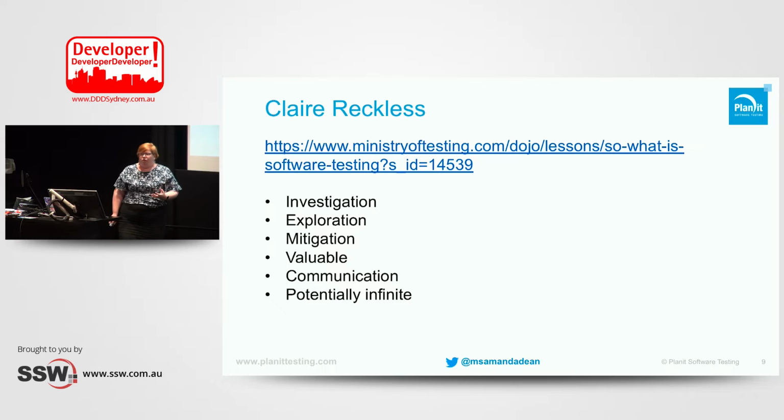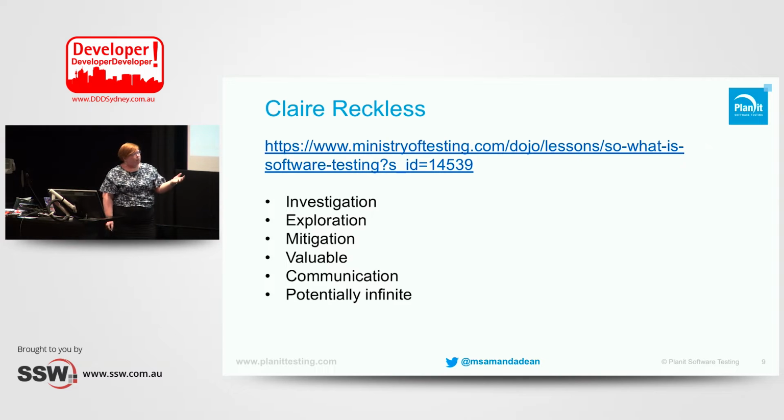We go into the software and work out what it does. We work out what it is, what it does, and how to get to all different areas of it. We see if it does anything that it's not specified or that we didn't ask it to do. And that's where mitigation comes into it. When we start finding defects and issues, we work out how we can reduce the impact and severity of those.